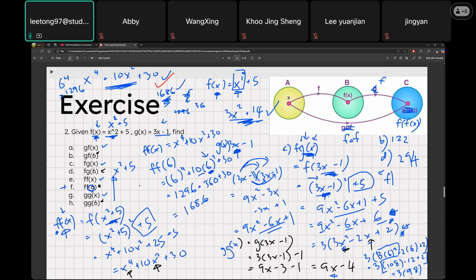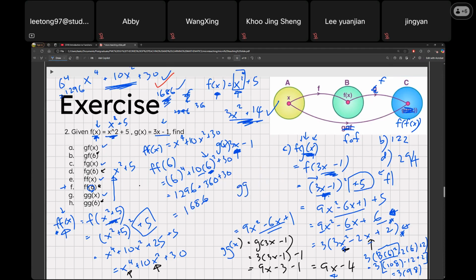Okay, we'll look at the last. What is g(g(x))? It is this. So if our object is 6, this x will be 6. 9 times 6 minus 4, 50.